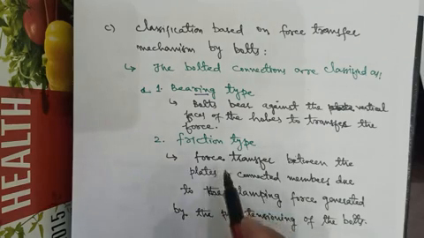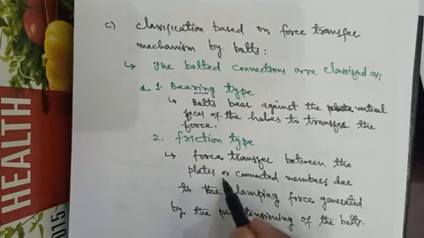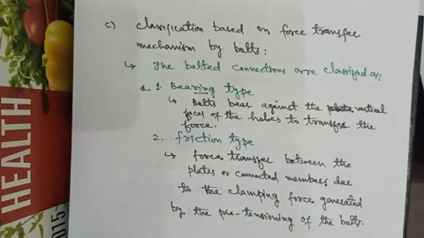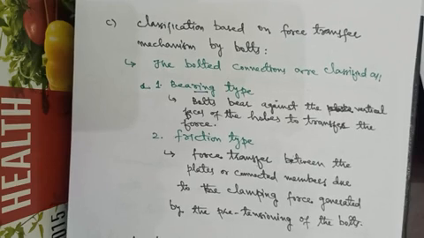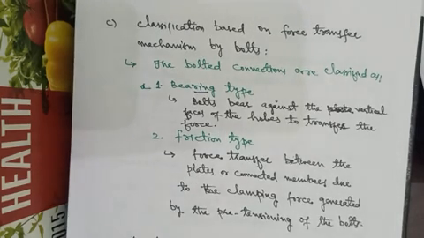We have another type that's called friction type. In this case, force transfer between the plates or connected members is due to clamping force generated by the pre-tensioning of the bolts.